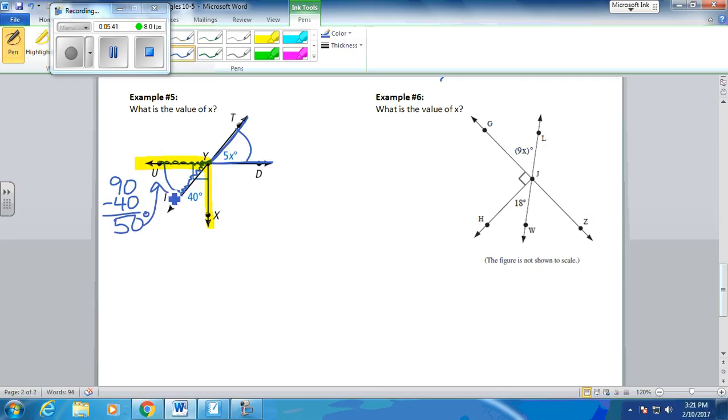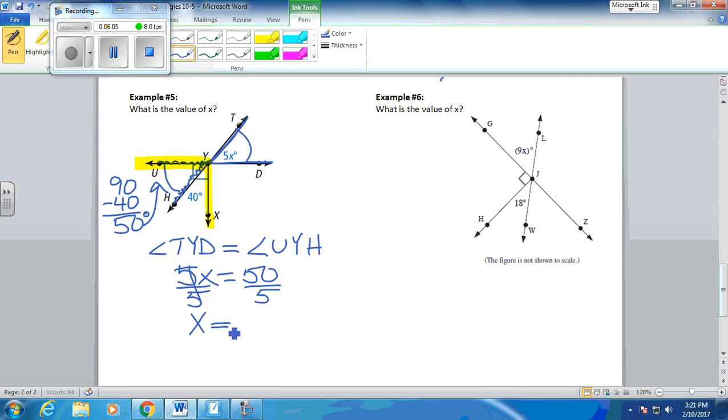Since TYD is vertical to UYH, I can now set up my little equation that says TYD is equal to angle UYH. If TYD is 5x, I can substitute that with 5x, and if UYH I've now figured out is 50, I can substitute that as 50. I can divide both sides by 5, and I will get x equals 10. Okay? I'm going to have you guys go on and try number 6.